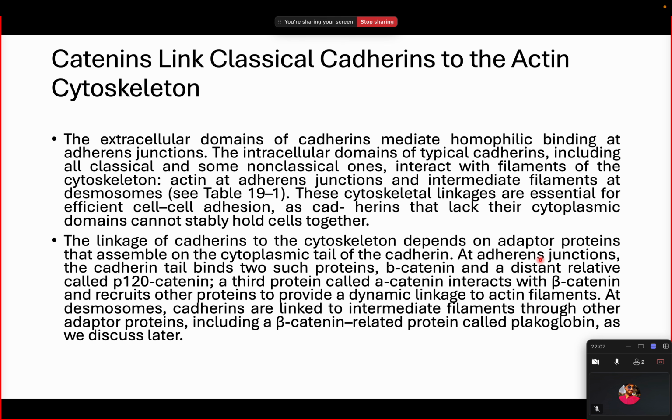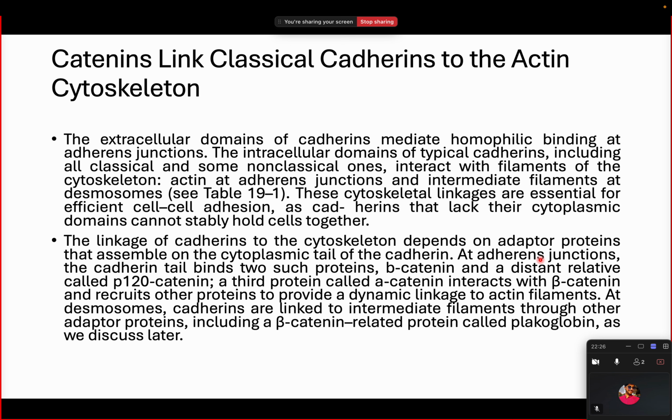So this is what this particular slide is about: the cytoplasmic domain of cadherins has the ability to get attached to different types of proteins or act as an adapter protein itself. A few of these adapter proteins are alpha-catenin, beta-catenin, and P120 catenin.